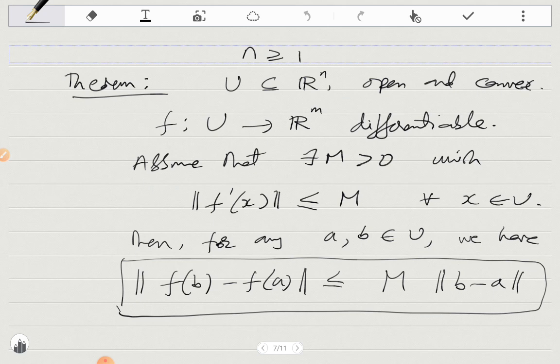I'll just explain what convex means. f from U to Rm is differentiable, and I assume that the derivative of f at every point has operator norm less than or equal to M. Then the claim is that for any two points in the open set, I have norm of f(b) minus f(a) less than or equal to M times norm of b minus a.